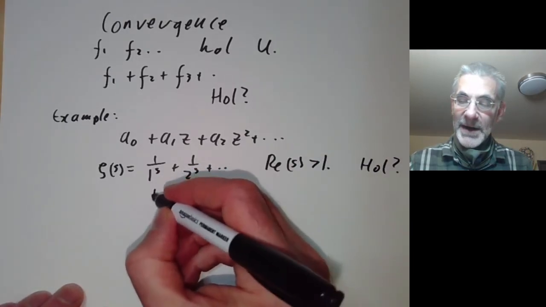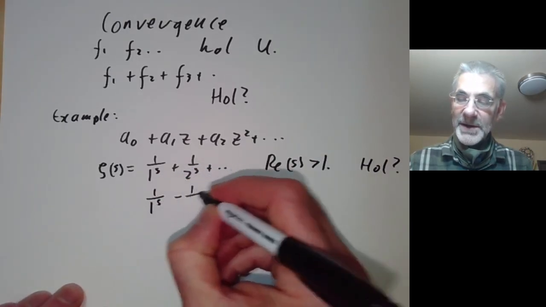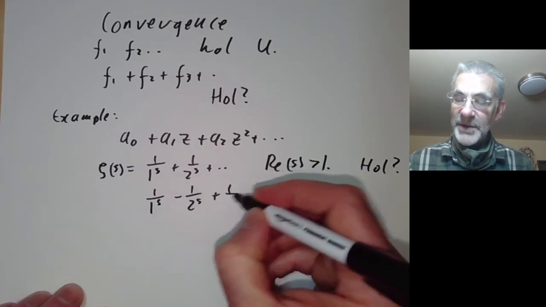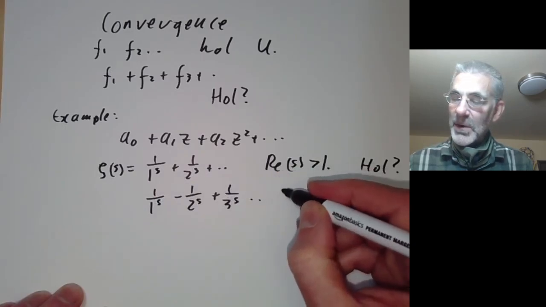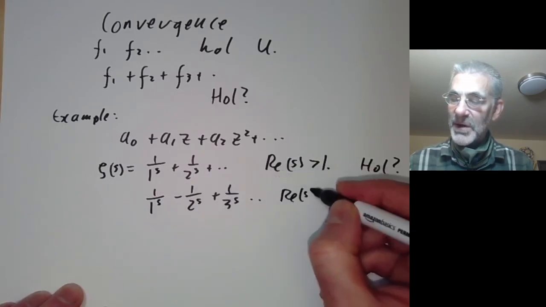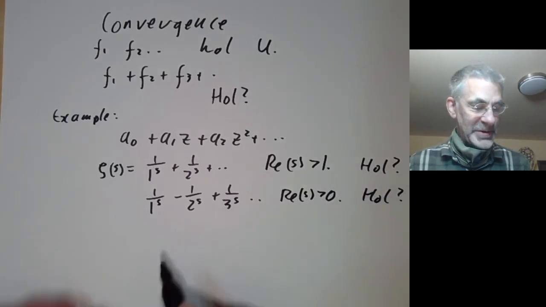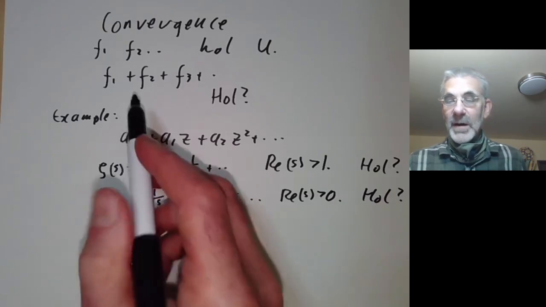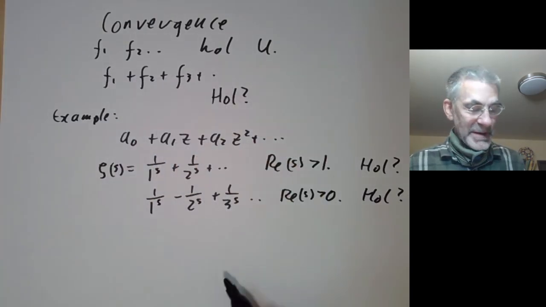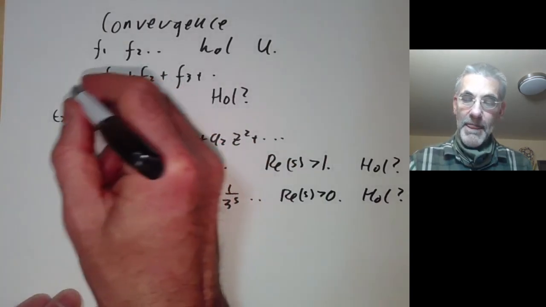A slightly more complicated example is 1 over 1 to the s minus 1 over 2 to the s plus 1 over 3 to the s. And we would like to show this converges for the real part of s greater than 0 and is holomorphic in this region. Well, a series like this can be written as the limit of a sequence.